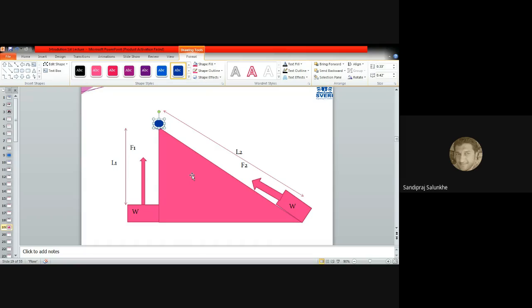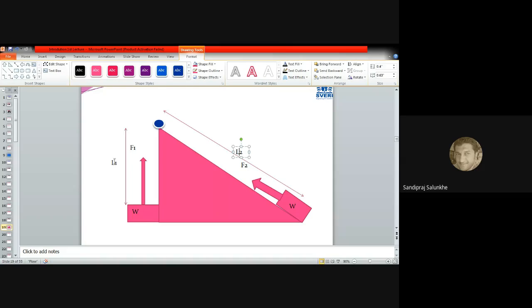Definitely here F2, the effort required to move this stone on the inclined plane, will be less. But in that case L2, the distance traveled by this force, is higher. Whereas F1 is directly applied against the gravitational force and the distance traveled will be less, but the effort will be higher.